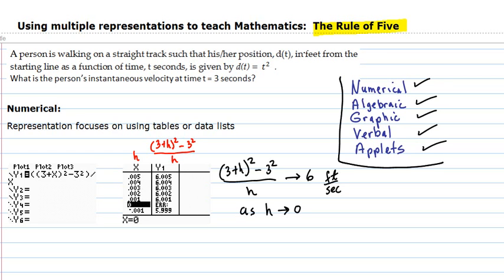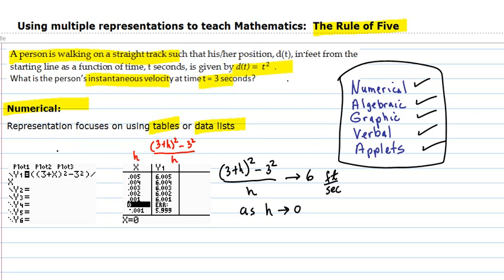Use any or all of these as the situation is appropriate, and you should be able to move fluidly between those 5 approaches. For example, the numerical approach focuses on using tables or data lists. In this one, we had the calculus 1 problem of a person walking on a straight track with a distance function, and the problem was to find the instantaneous velocity at t equals 3 seconds.